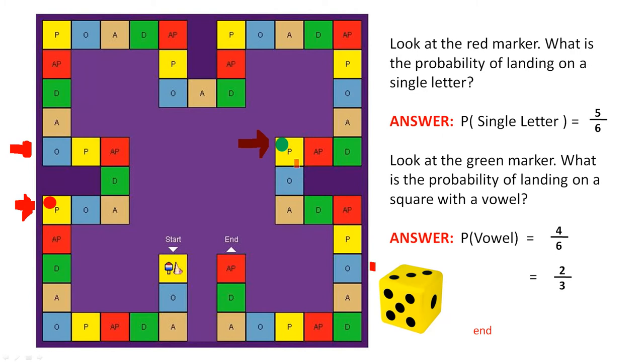Now we want a vowel. Let's count the vowels. 1, 2, 3, 4. Of course, D and P are not vowels. A is a vowel there, that's why we counted that. So there are 4 squares which have vowels, so the probability is 4 out of 6. Half of 4 is 2, half of 6 is 3, so the answer is 2/3.